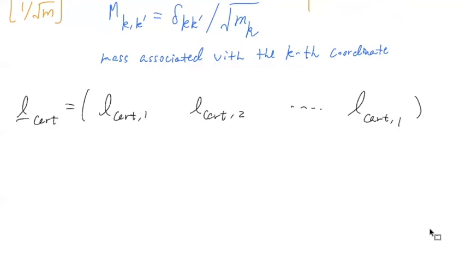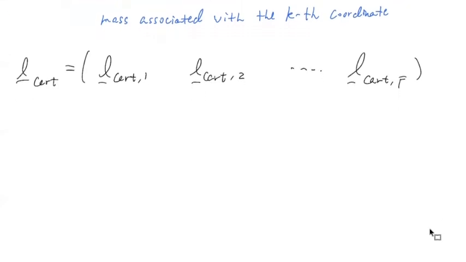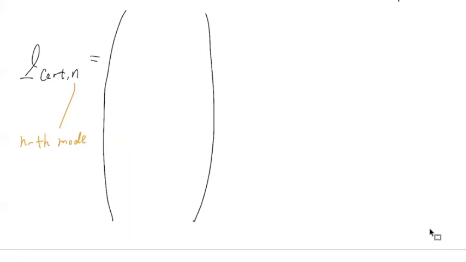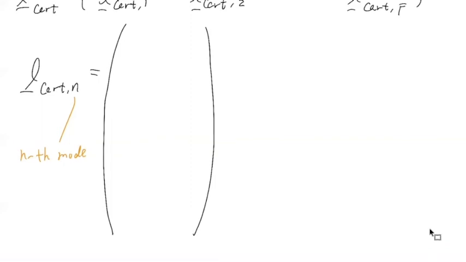Here you have F. For each column vector, it is for the nth normal mode, right? Here, this means the nth normal mode. And this is a column vector. It actually represents the displacement of all the atoms inside the molecule at the given mode n, right? So it will have many entries.